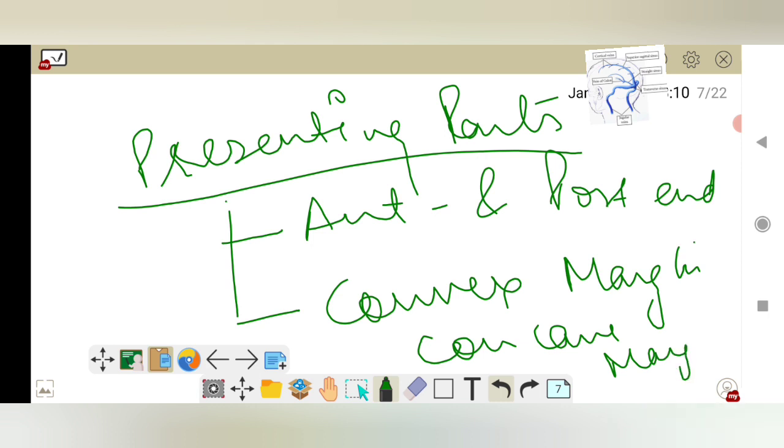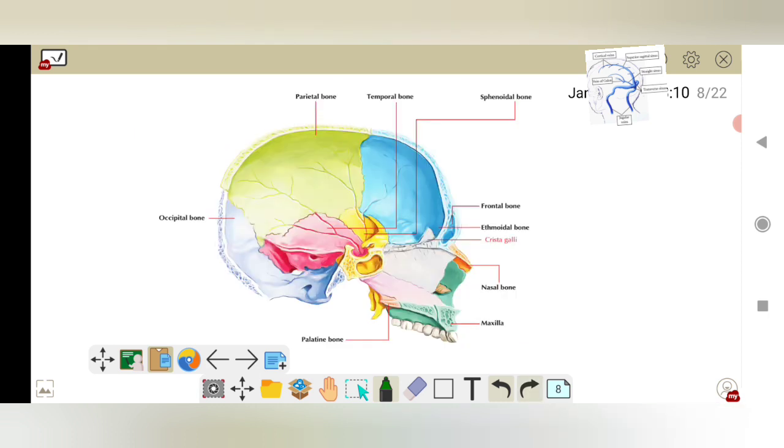Two margins and two ends. First of all, the anterior end is narrower and it is fixed to the crista galli of the ethmoid bone. This is the crista galli. Here lies the anterior end of the falx cerebri, and the posterior end is broader and it blends with the upper surface of the tentorium cerebelli in the median plane.